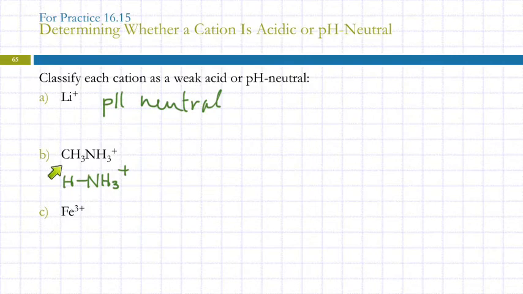So this is one of those amines that has functioned as a base, it's accepted a proton, and now it's become the conjugate acid. It's a cation. So the amine, is it weak base or strong base? It's a weak base. So if this came from a weak base, can it act as a weak acid? Yeah.